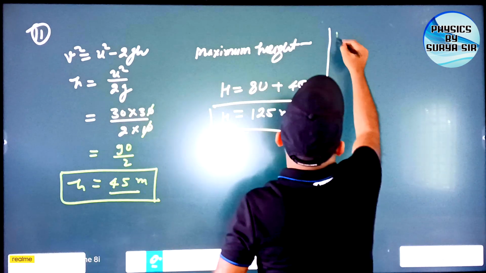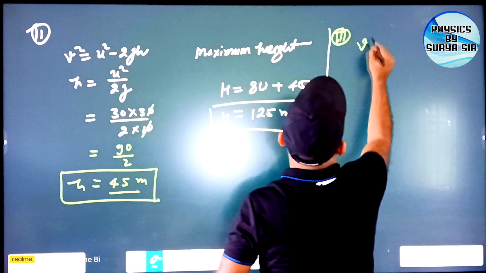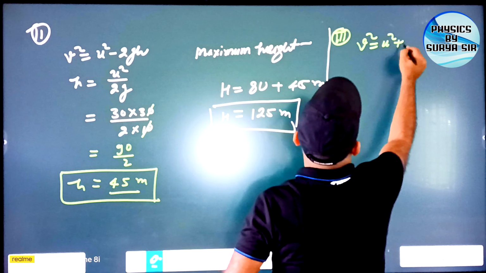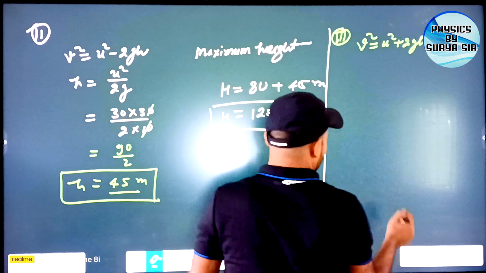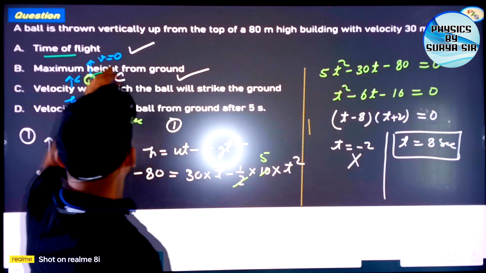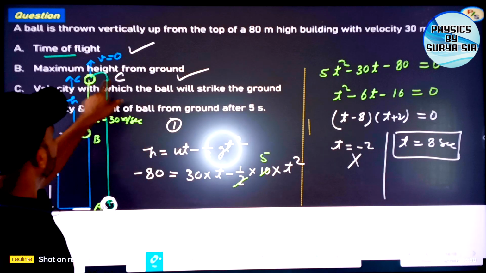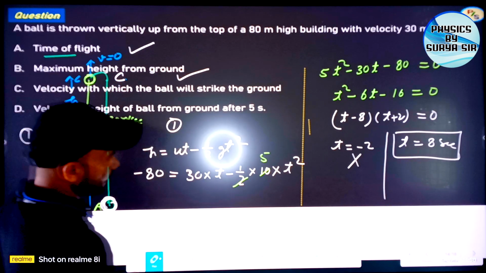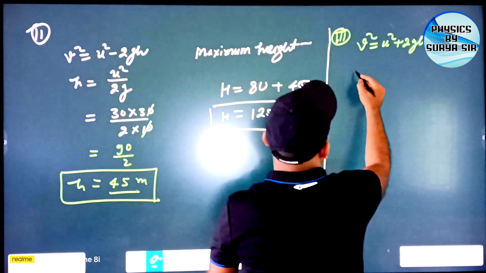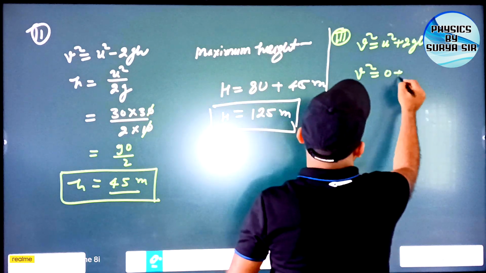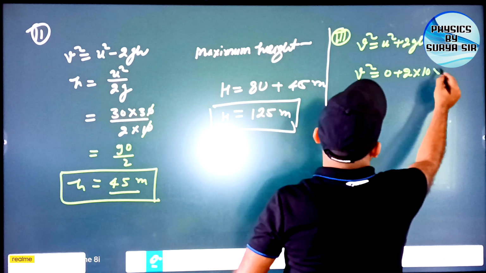When your object is falling from C to A, u is 0. So v square is equal to 0 plus 2gh.